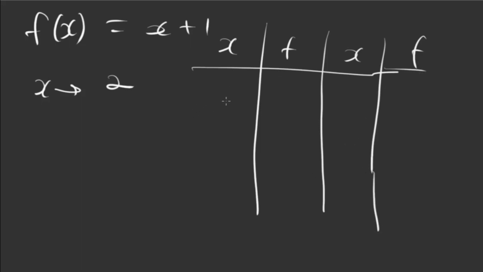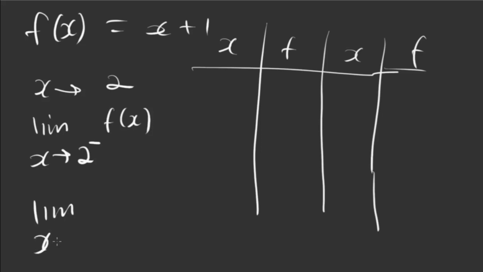Let's take from the left hand side. We are trying to solve from different sides. The other side means from beyond 2 coming down, like from 3 or from 4 coming down.